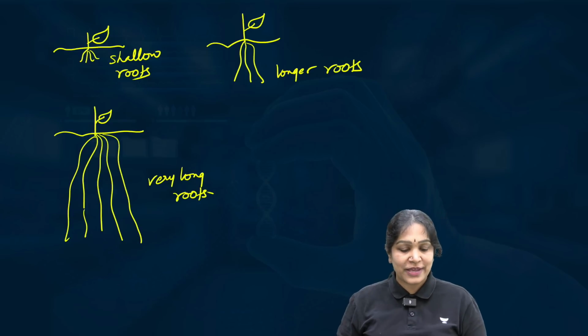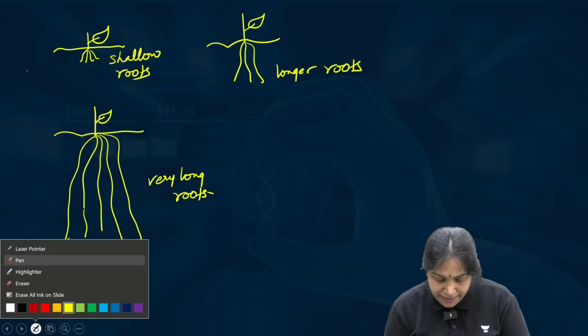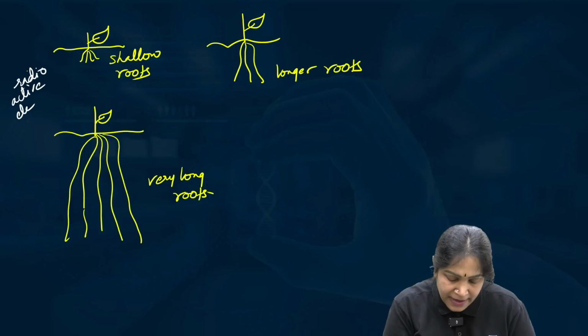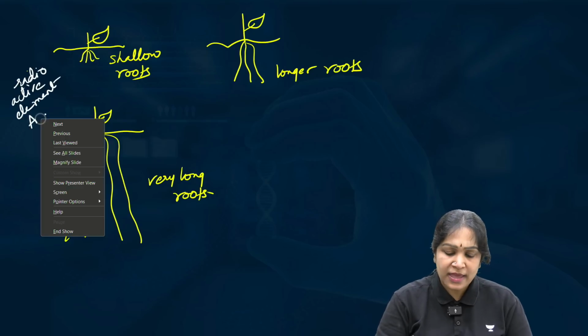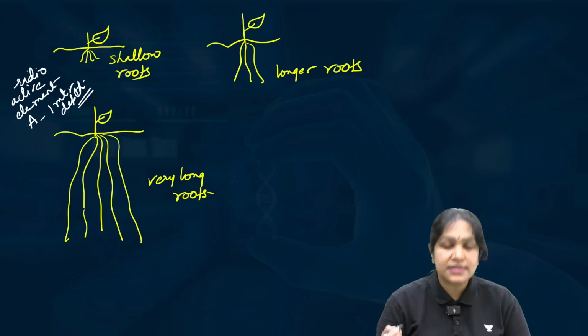So, what I will do is, okay, I will keep a radioactive element called A at 1 meter depth in the soil. Okay, listen to this carefully.